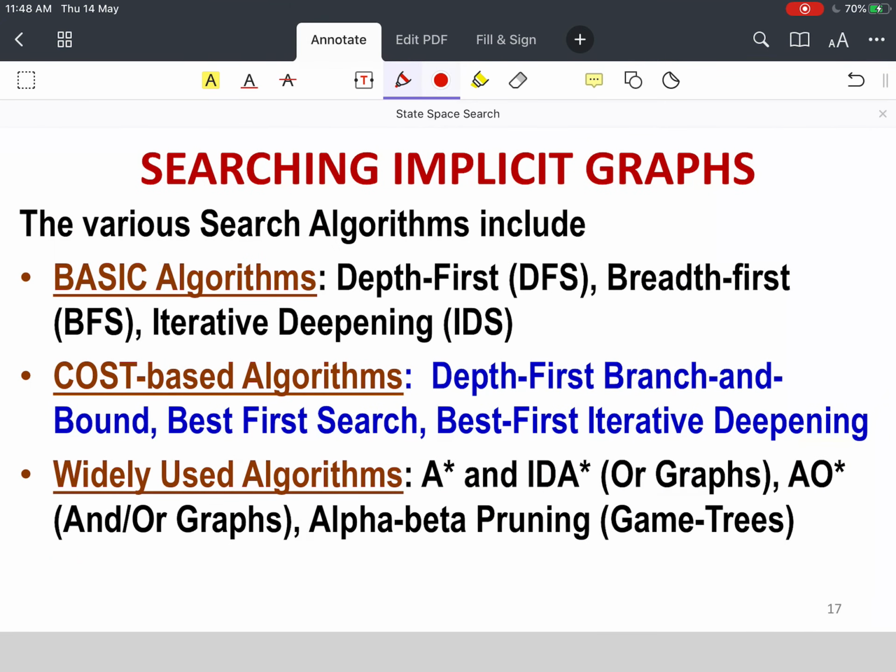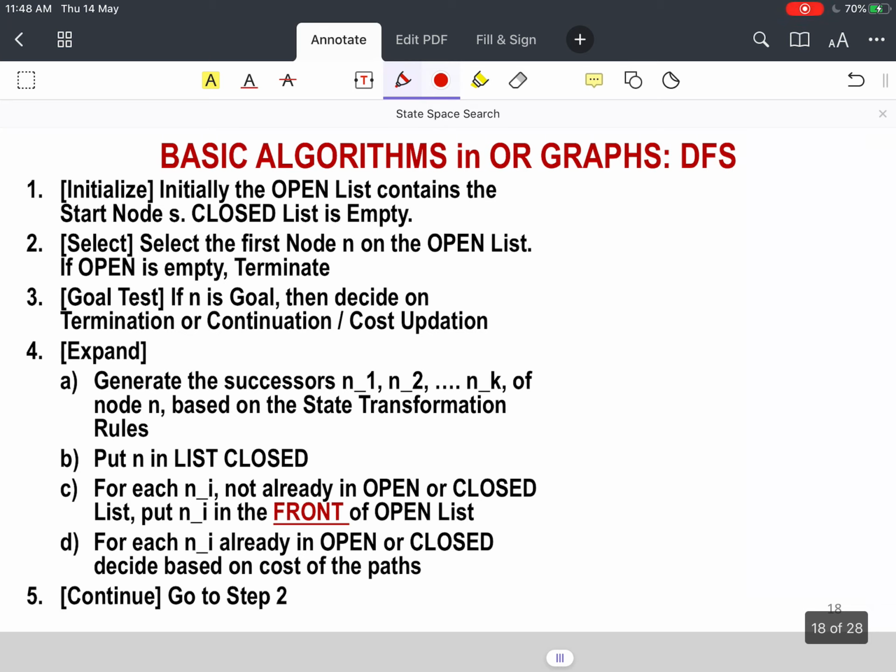Now, what are the search algorithms that we use for developing this? Today we will discuss the basic search algorithms, which is depth first search, breadth first search, and iterative deepening. Later on, we will discuss more complex search algorithms. So the depth first search, there are two lists which we use. One list is called the open list, and one list is called the closed list.